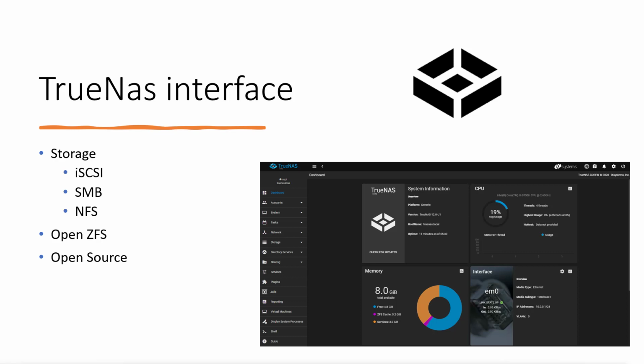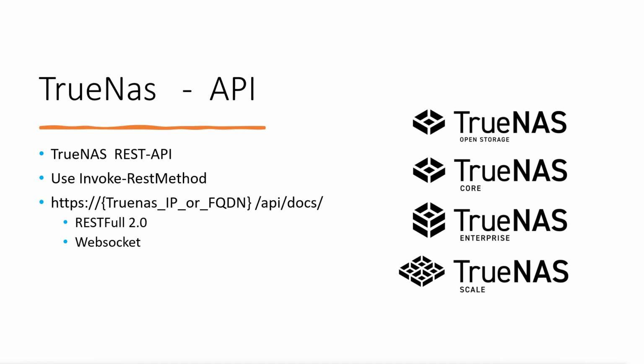Now we are focused on the TrueNAS API, which is available on all TrueNAS solutions like Open Storage. It was called FreeNAS before. Now we have TrueNAS Core, TrueNAS Enterprise, and TrueNAS Scale.